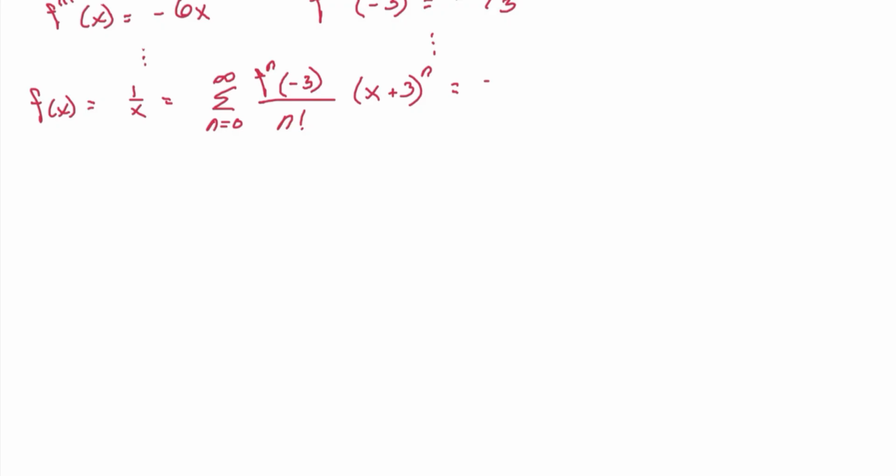We have negative 1/3 times x plus 3 to the 0 divided by 0 factorial, which is really just 1.